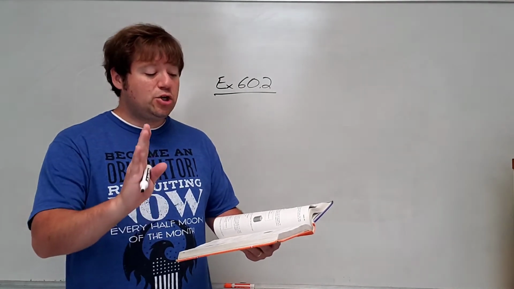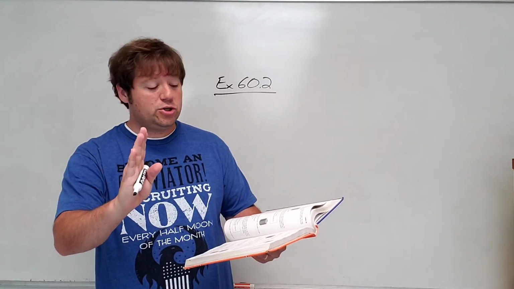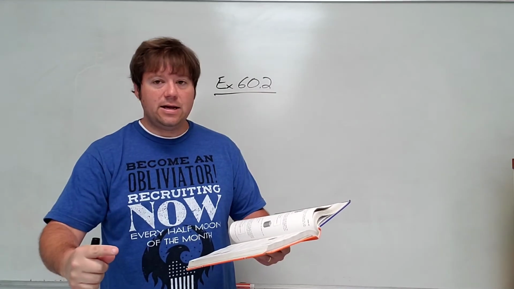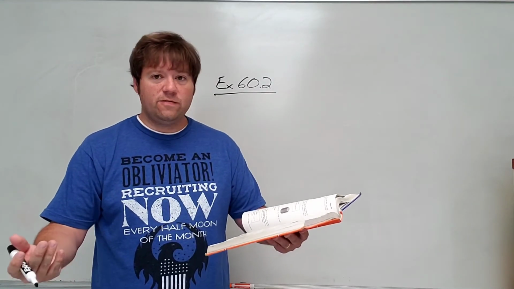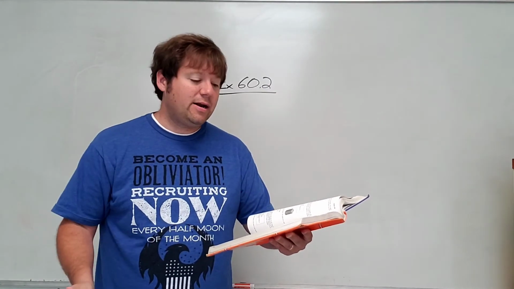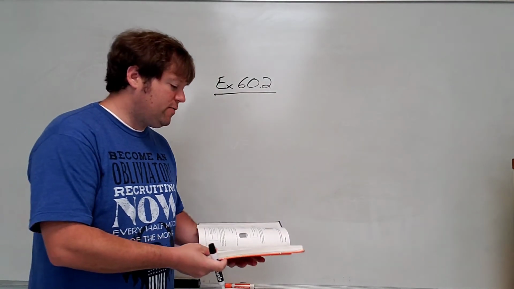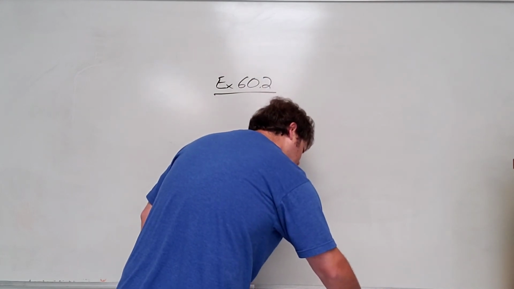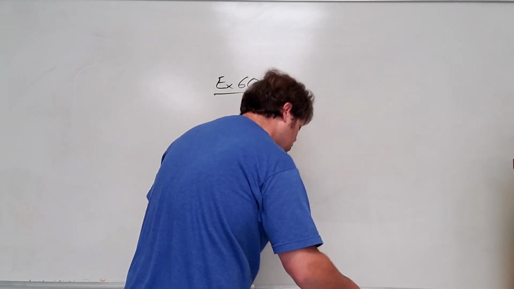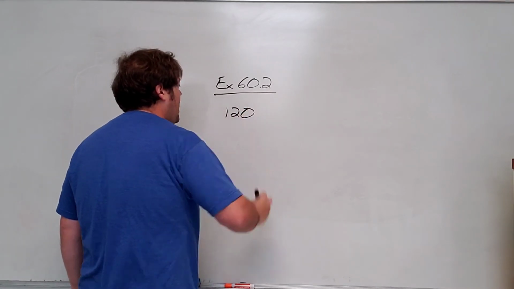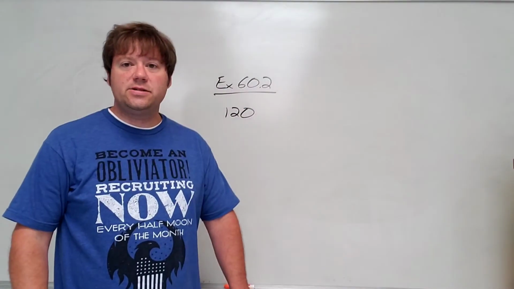So what they do is they show us the side of this thing, which is a rectangle, and it is 15 by 8. So we can do 15 times 8 to figure out what the area of this side is. And when we do 15 times 8, I believe we get 240. Let me double check that. Or 120, my mistake. So 120 is how much one of these sides is.